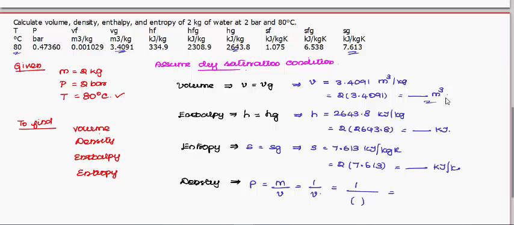This is the density. How much amount of answer? Kilogram per meter cube. So this is the second problem.